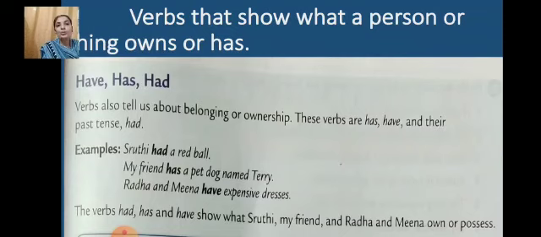They are used to tell you the possession. They are the helping verbs, but here they are used as possessive words. The verbs had, has, and have show that Shruti, my friend, and Radha and Meena own or possess.